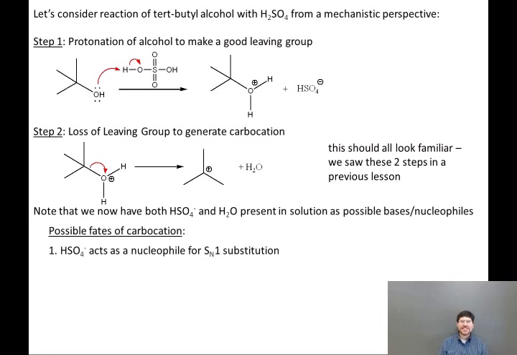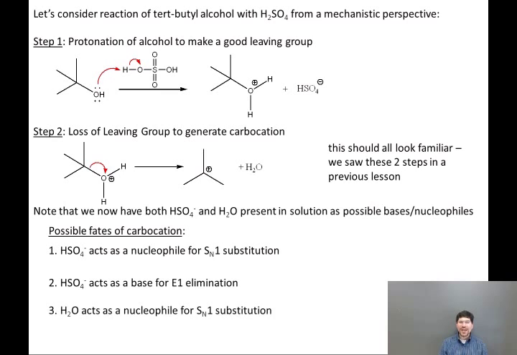What are the possible fates of this carbocation? First of all, HSO4- can act as a nucleophile for SN1 substitution. HSO4- can act as a base for E1 elimination. H2O can act as a nucleophile for SN1 substitution. H2O can act as a base for E1 elimination.